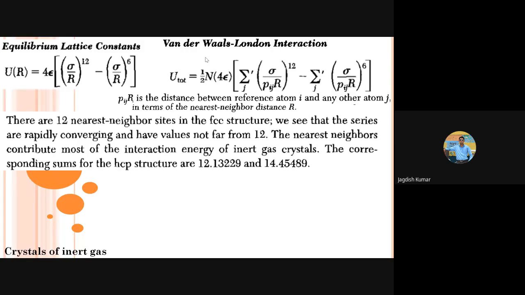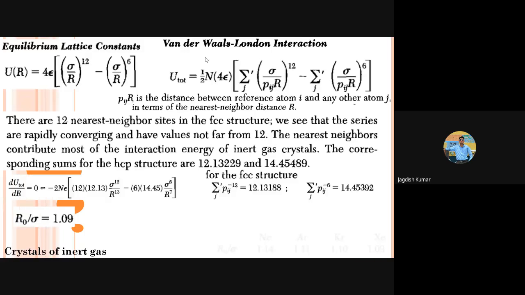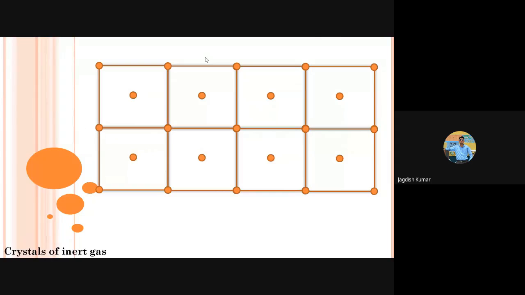Now when you have a large number of particles, we are talking now of a crystal. Let's come to the next slide. Maybe this will help you. So now let us say this is my reference atom. If I have to write down the potential energy, what will that be? There will be one term.